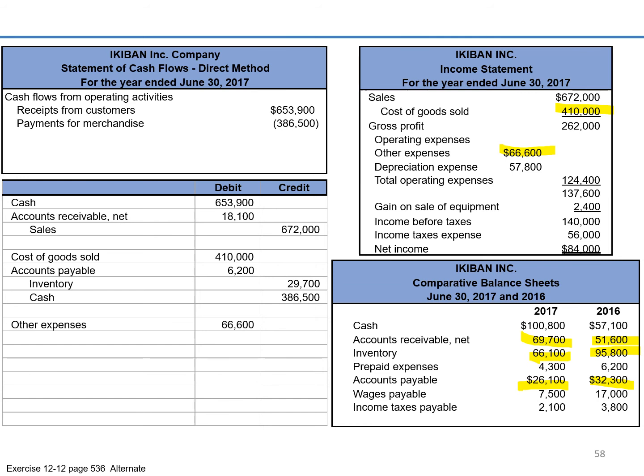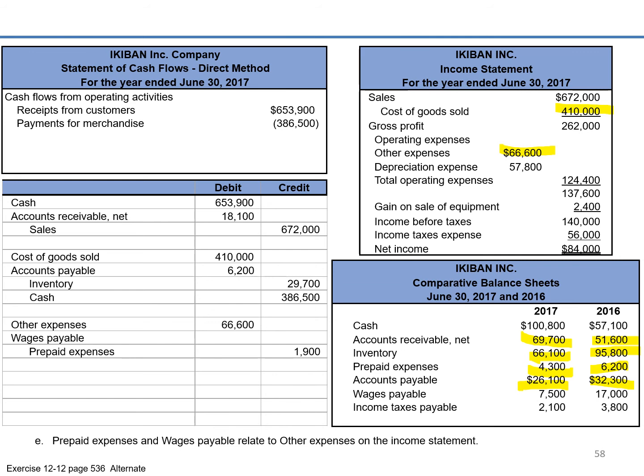The prepaid expenses and wages payable, they tell us, relate to other expenses on the income statement, so that's key to know, right? So we have a decrease in our prepaid expenses of 1,900. We have a decrease in our wages payable of 9,500. So that must mean the net cash we paid out for expenses is $74,200.